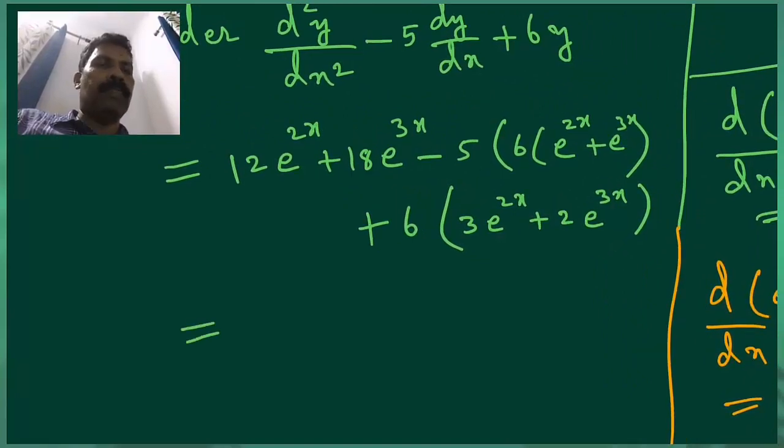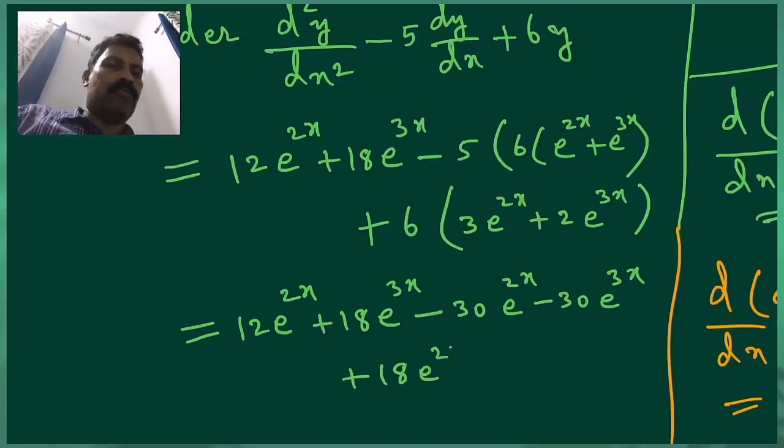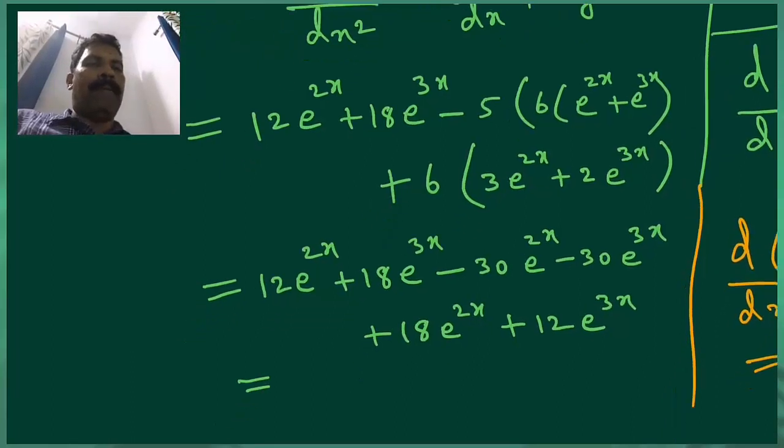So that is equal to 12 e raised to 2x plus 18 e raised to 3x minus 30 e raised to 2x minus 30 e raised to 3x plus 18 e raised to 2x plus 12 e raised to 3x. That is, you can simplify.